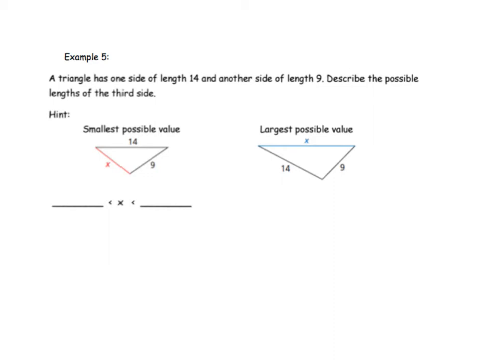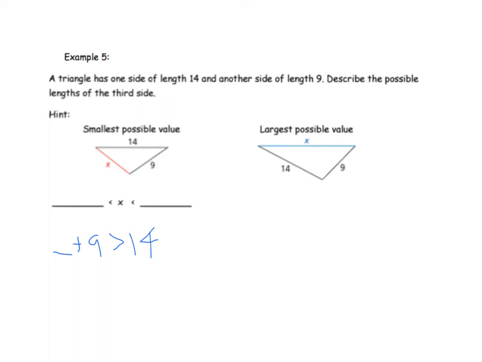All right, a triangle has one side of length 14 and another side of length 9. Describe the possible lengths of the third side. The first question is, what's the smallest possible number we can get here? Remember, we're looking at blank plus 9 has to be greater than 14. What number can we add to 9 to make this a true statement?